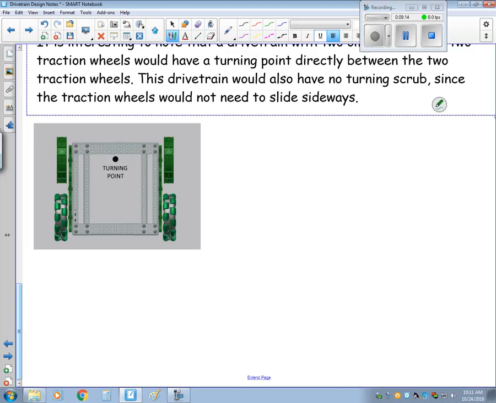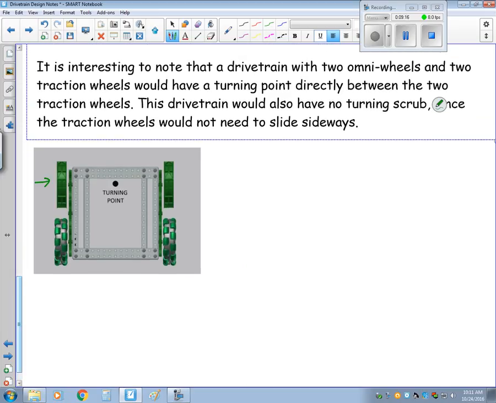So if I had something with high traction on the front, omnis on the back, the turning point would move upwards and position itself between the high traction wheels. This drivetrain would also have 0 scrub. But with the turning point moving up there, the back end would swing about, and the front end would be more fixed, which can be desirable.